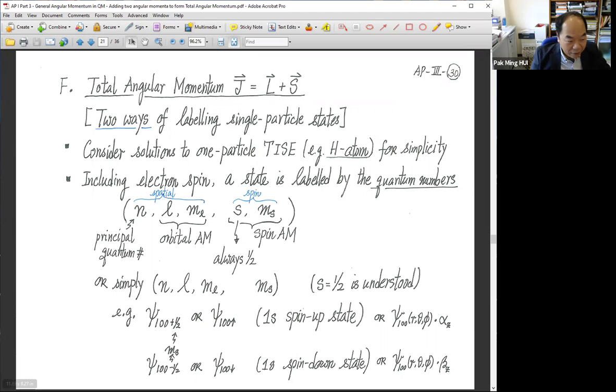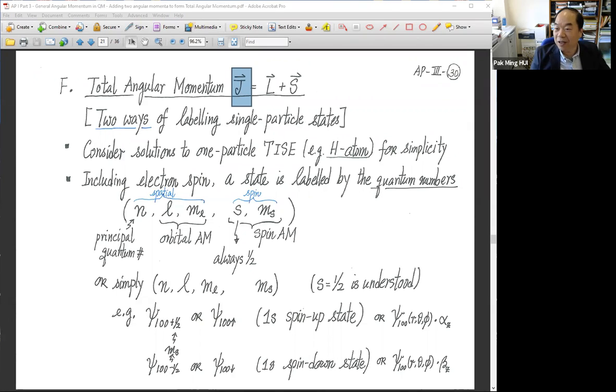What we did in the last section was to prepare us to look at other possible angular momenta. Obviously, some of you, at least I know one student knows that, there is something called L plus S, total angular momentum.